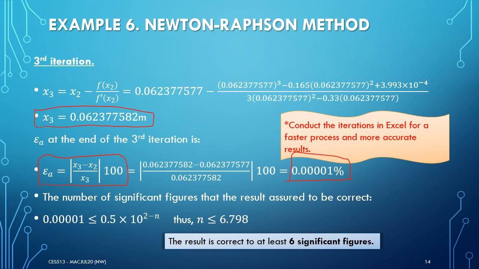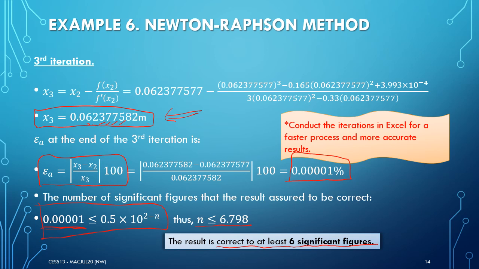And by substituting this error into this equation, we can get n value lesser than 6.798. That means the result that we obtain here is correct to at least 6 significant figures, which is 1, 2, 3, 4, 5, 6.